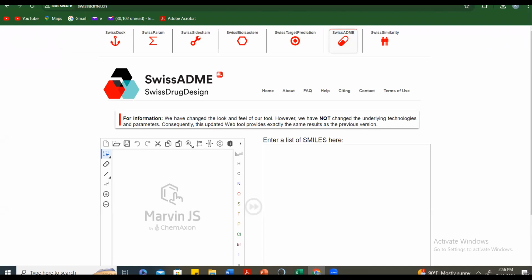I have it for you guys on the browser. So now, this SwissADME is going to predict for us the absorption, distribution, metabolism, and excretion properties of this drug.